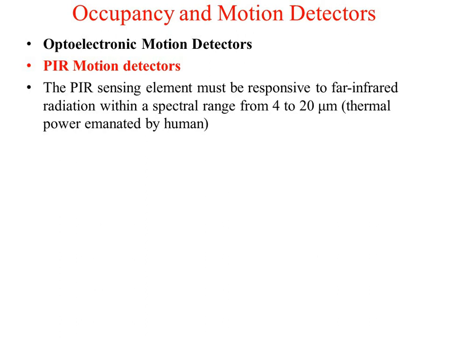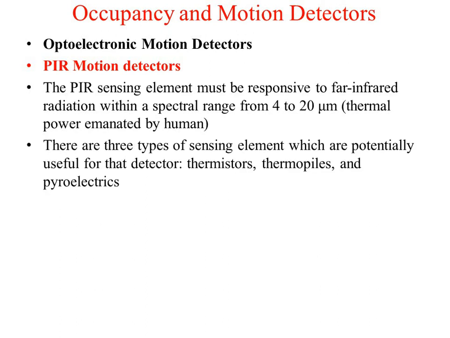Whatever energy our body gives out is in the form of thermal energy, in the range of 4 to 20 micrometers. Keep in mind that the question may be asked: what is the spectral range for a PIR sensor? You should know that it is 4 to 20 micrometers.